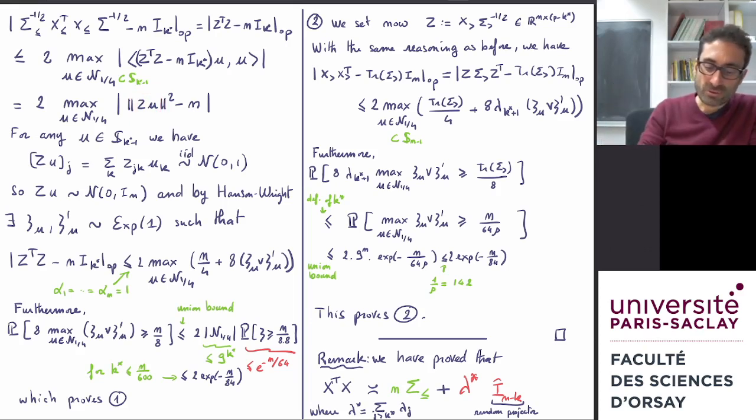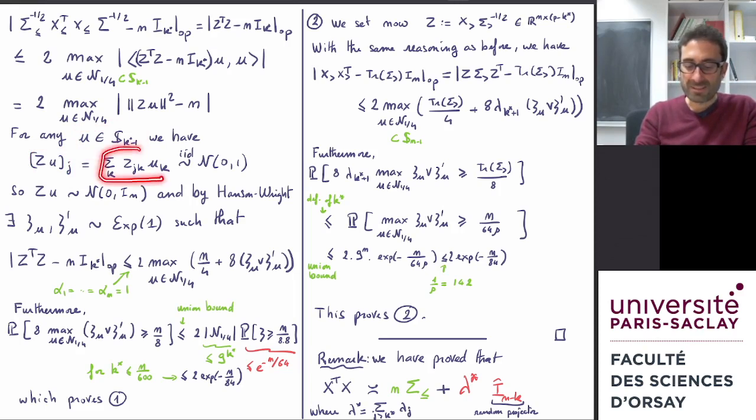Why is it true? If I take a u which is in the sphere, and I look at the coordinates of Zu, this is just a linear combination of the Z_jk. First of all, for different j, I will have independence.